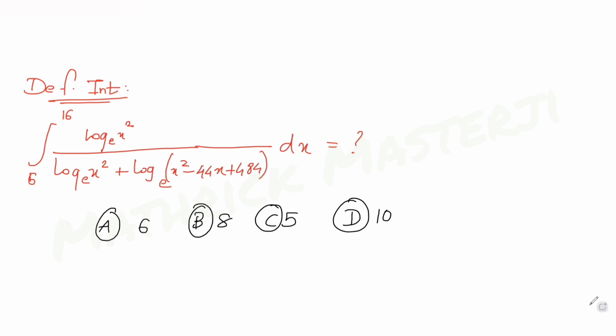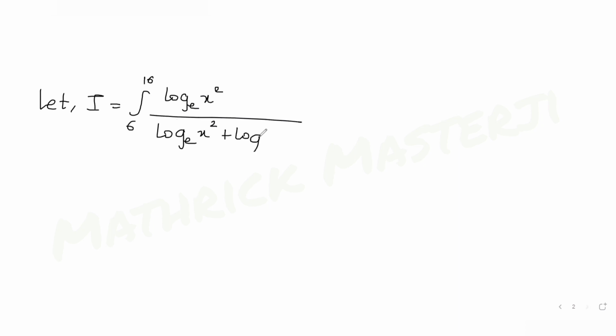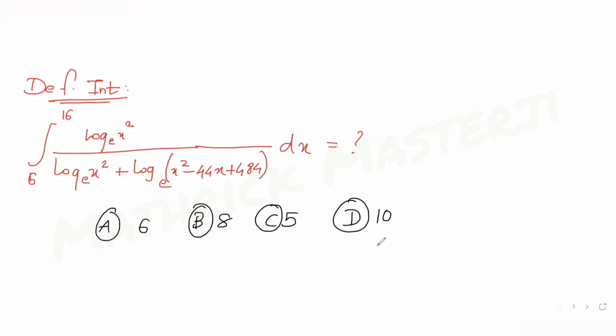I'll say let I be the value of the integral from 6 to 16. Log of x squared to the base e in the numerator. In the denominator you have log of x squared to the base e plus log of x squared minus 44x plus 484. I can write 44x as 2 into 22 into x, so 2ab, and 484 is nothing but the square of 22.